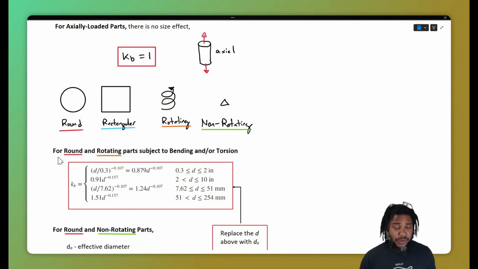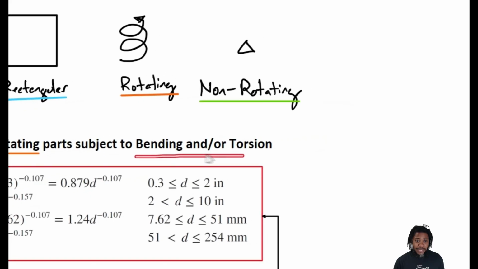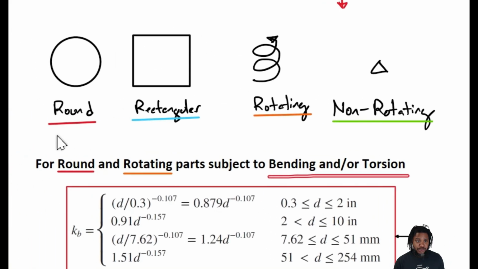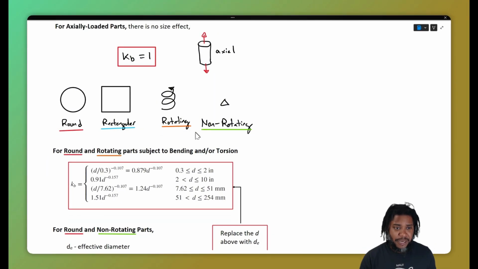Let's start with a part that is round and rotating, subject to bending and/or torsion. So it's round and we are rotating it. It's spinning around, right?